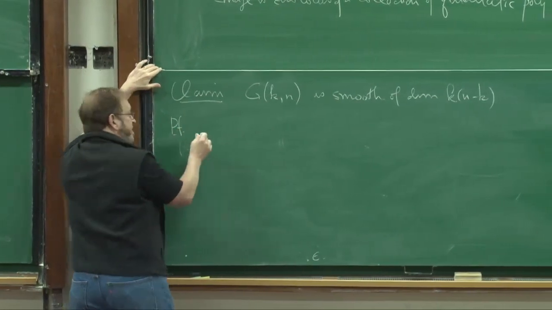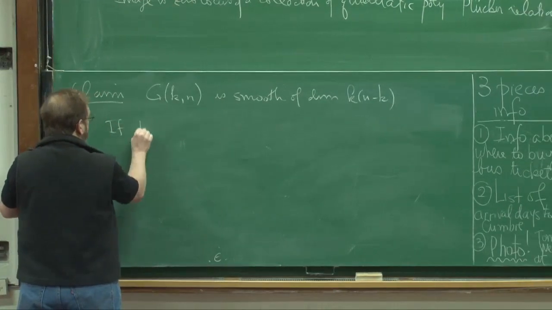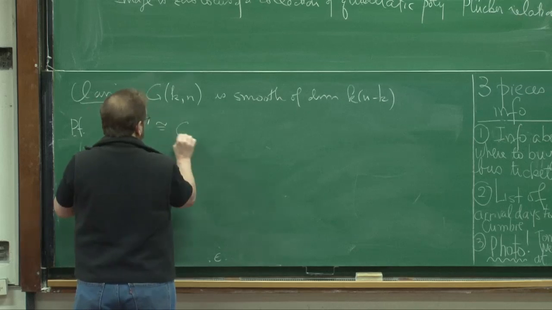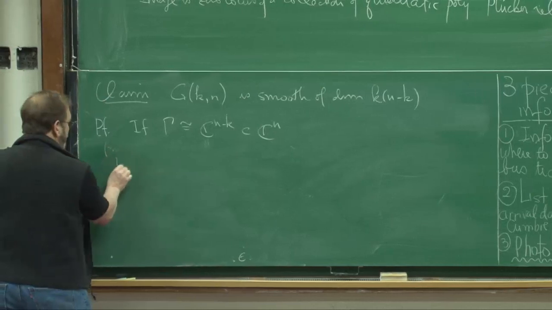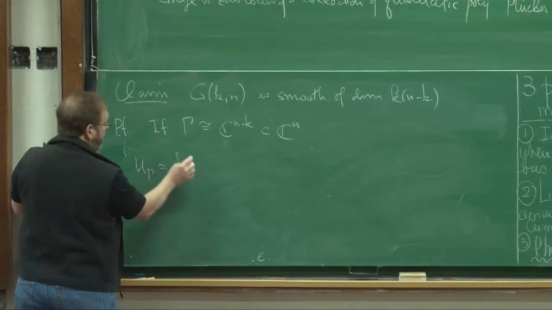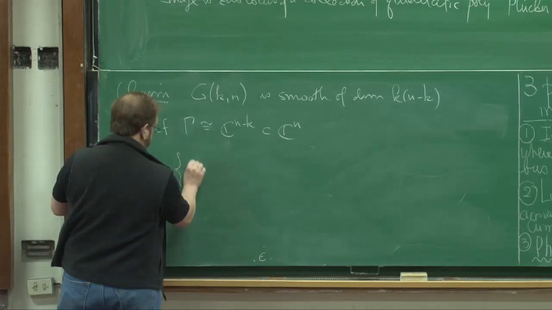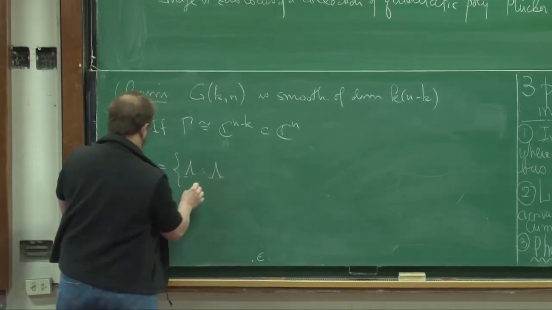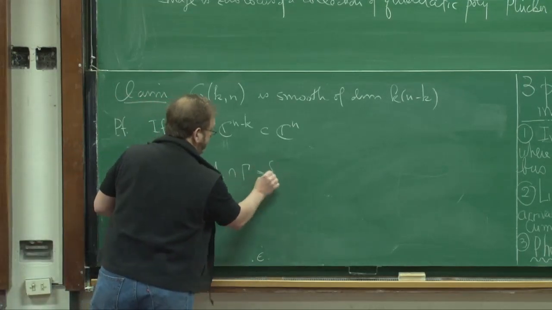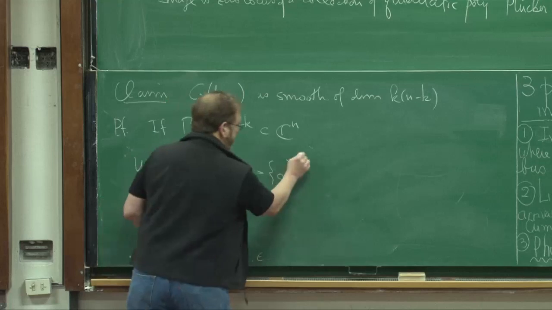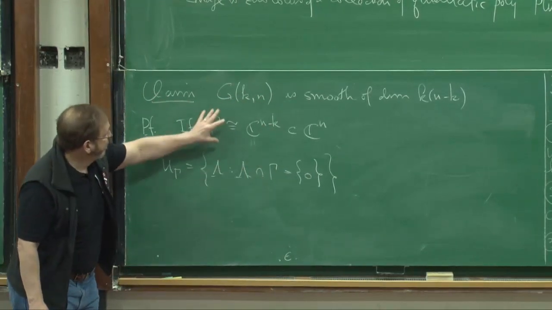this is something you can see pretty much directly. If gamma is an (n minus k)-plane in C^n, and we look at the set of k-planes which are complementary to gamma, so lambda intersect gamma is just the zero subspace, this is an open subset of the Grassmannian.